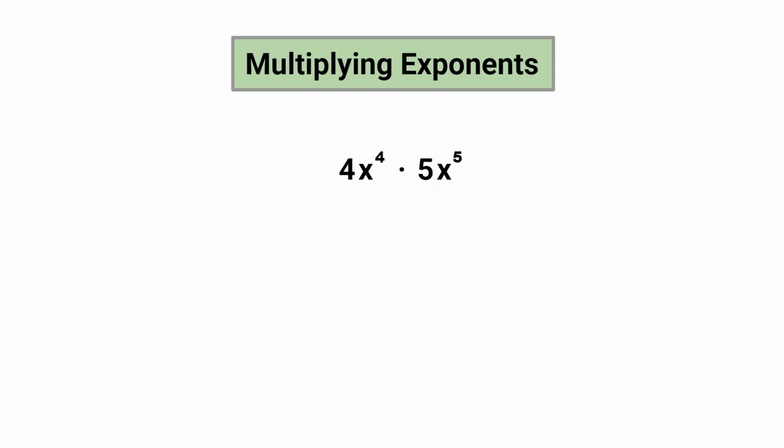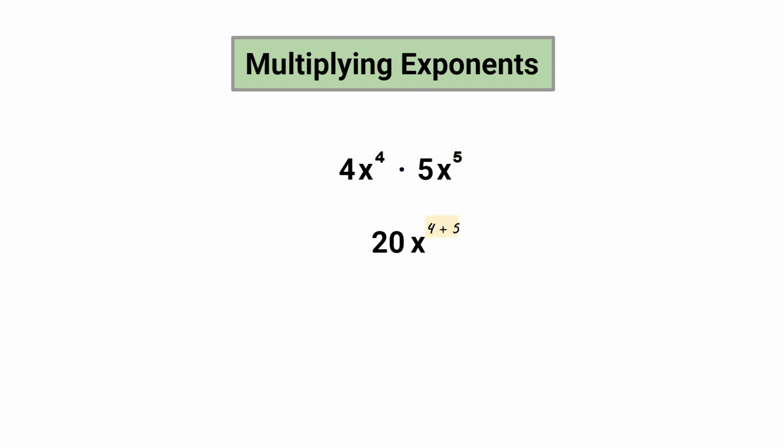So, let's start by multiplying 4 by the number 5. And 4 multiplied by 5 is equal to 20. And next, let's multiply the variables x to the fourth power by the variable x to the fifth power. And remember, since we're multiplying several copies of the same base, which is x, we can simply write one term with the base x and take both exponents and add them together.